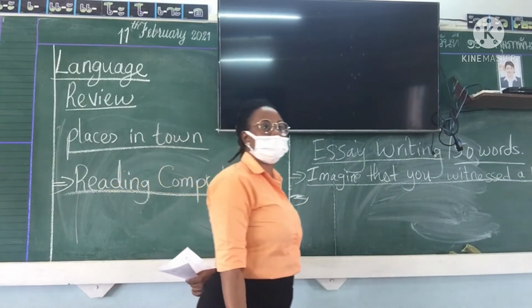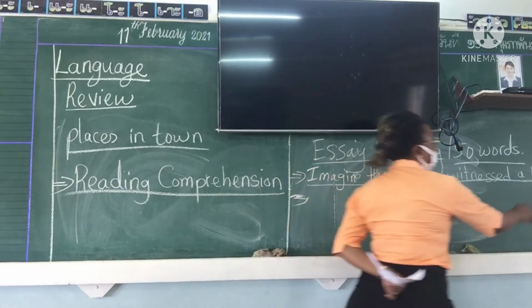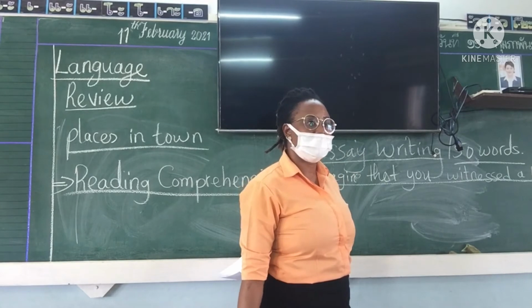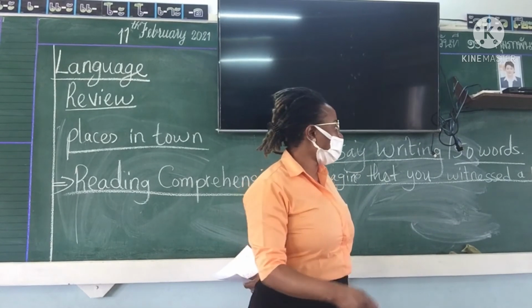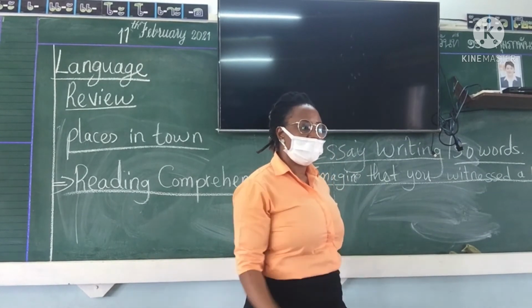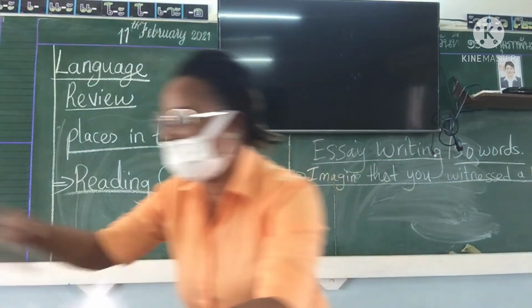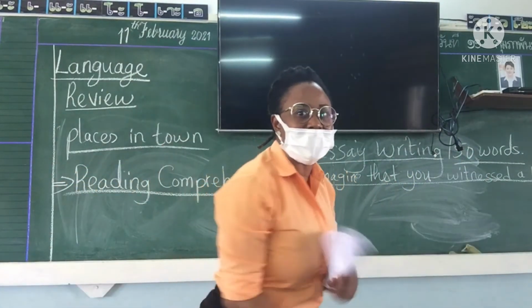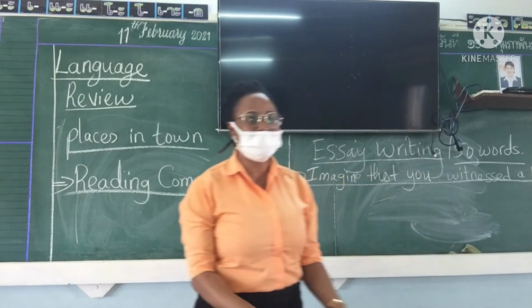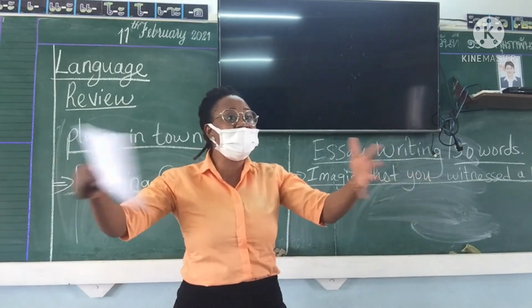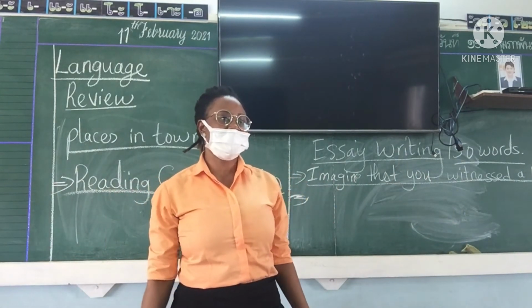What is a robbery? Robbery. Thief. To steal. If I come into the class, give me your money, give me your money, and I collect and I run away, right? You say the teacher is a robber. It is an act of robbery.